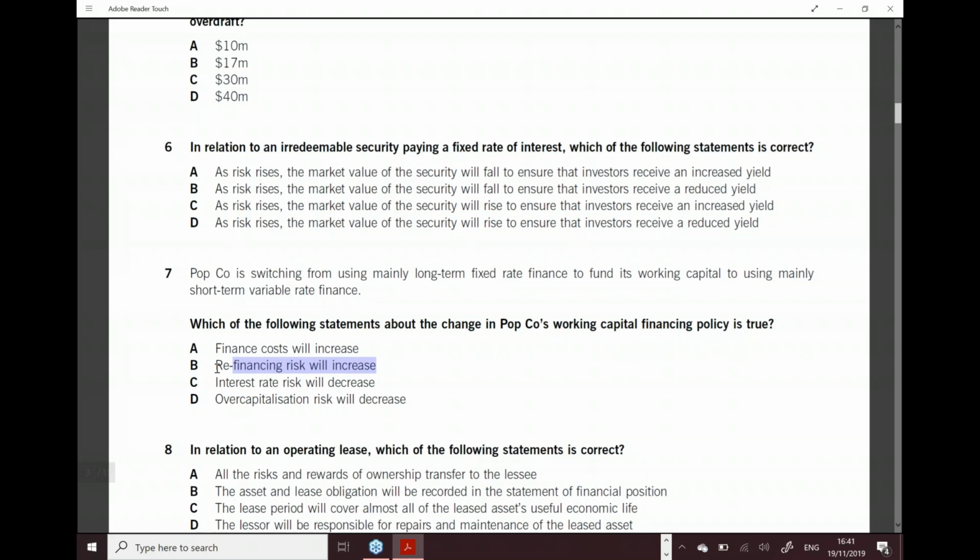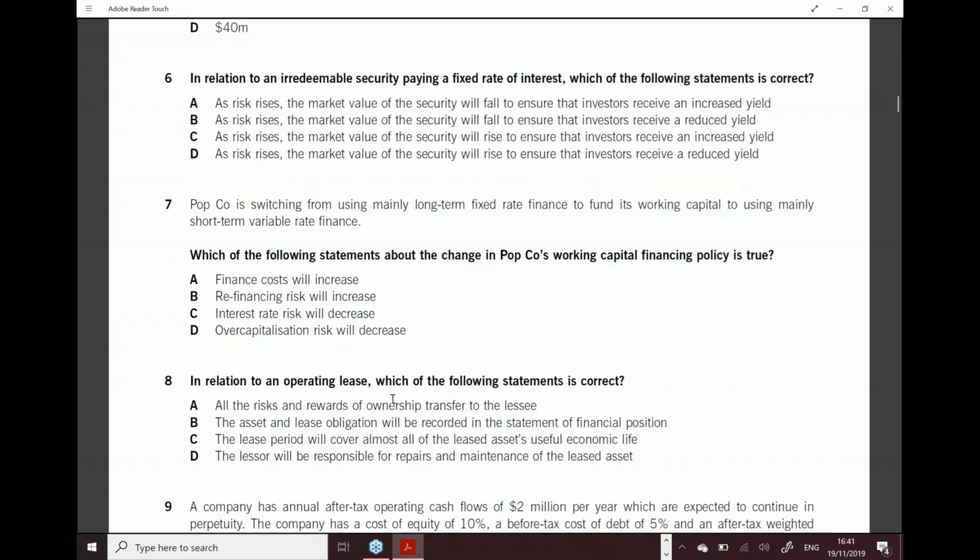Refinancing risk will increase. Yes, that is the correct answer, because if you use short-term finance, since it's unstable, you need to refinance it again. When you're refinancing, you may not get the refinancing, or the cost of that refinancing can be higher. So that's the answer, answer B.